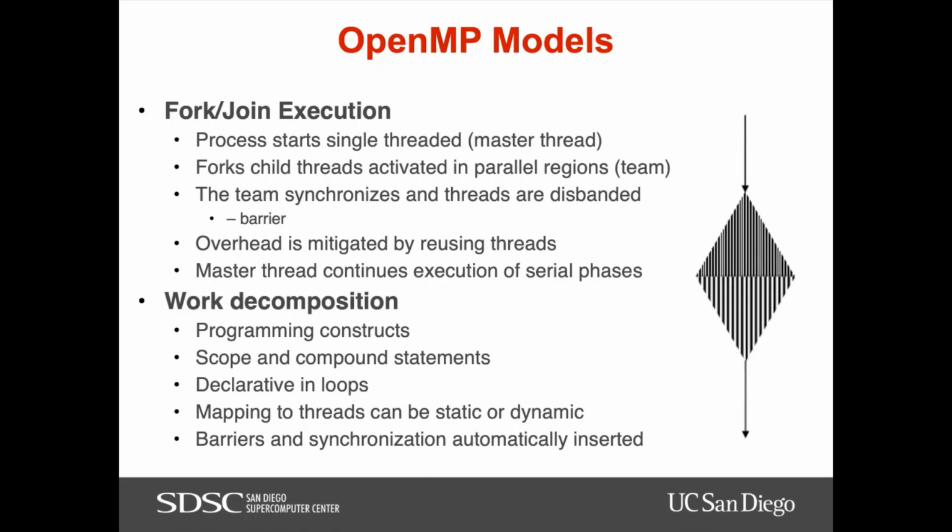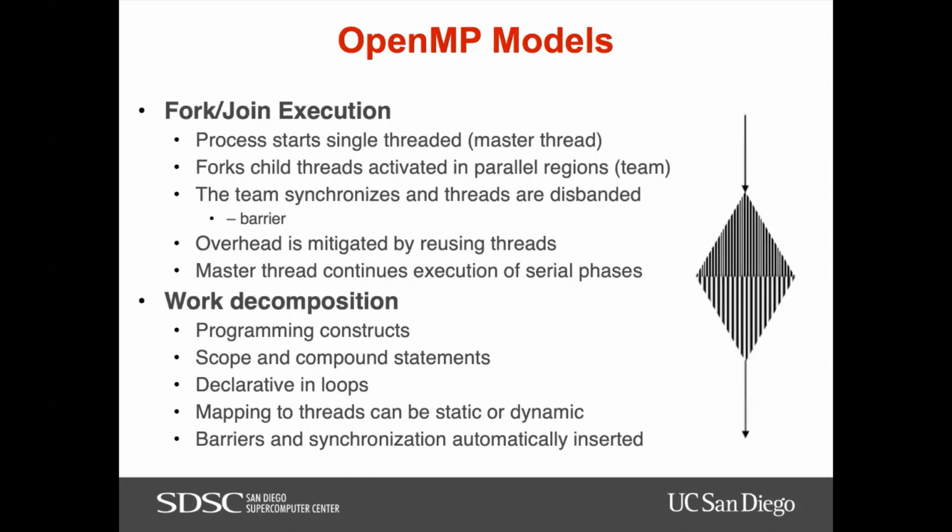So the model is basically the process starts single threaded, which is like a master thread, and then forks the child threads in the parallel regions, and then synchronizes back. The overhead is mitigated if you reuse the threads, and the master thread will continue the execution of the serial phases.